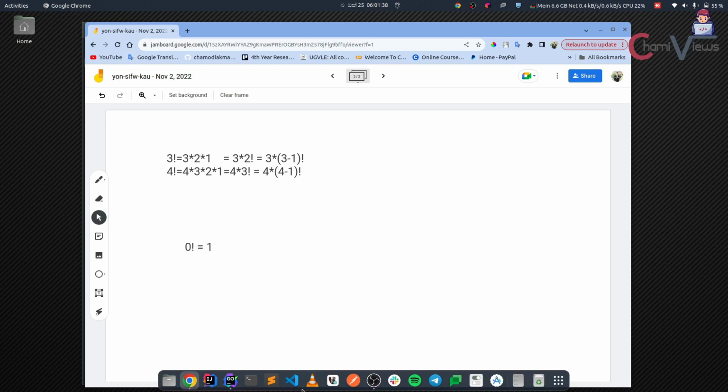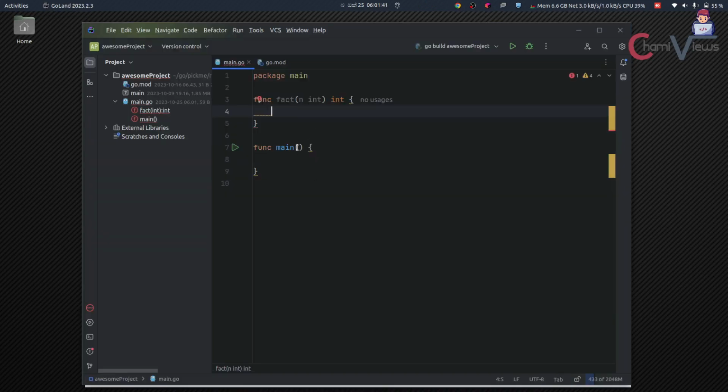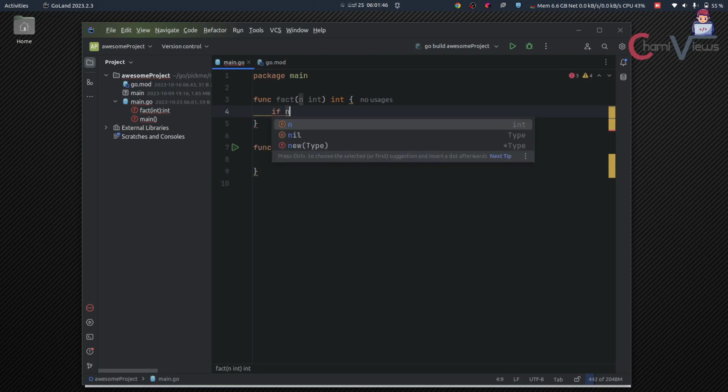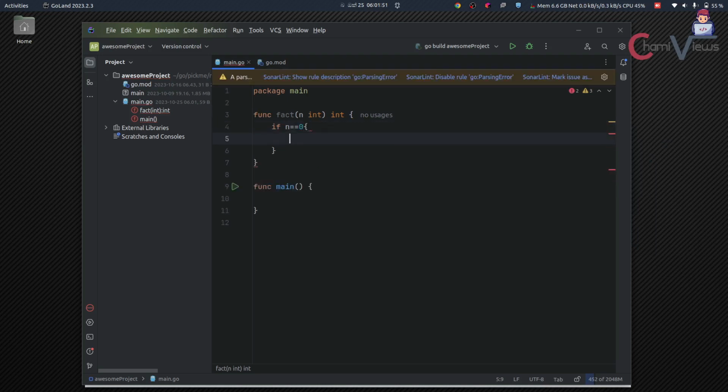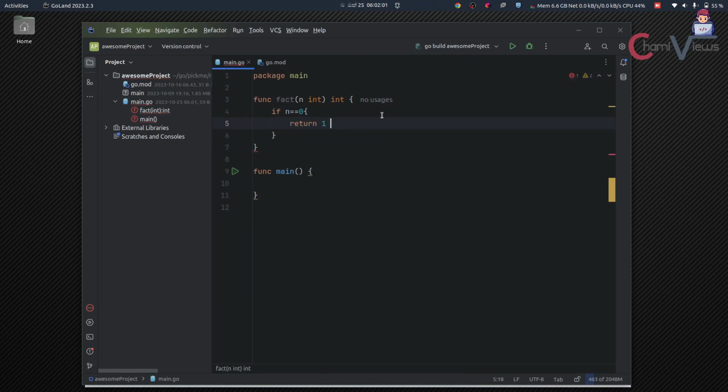If n equals 0, the factorial value is 1. This is our base case, very important. Otherwise, our recursion function will run infinitely.